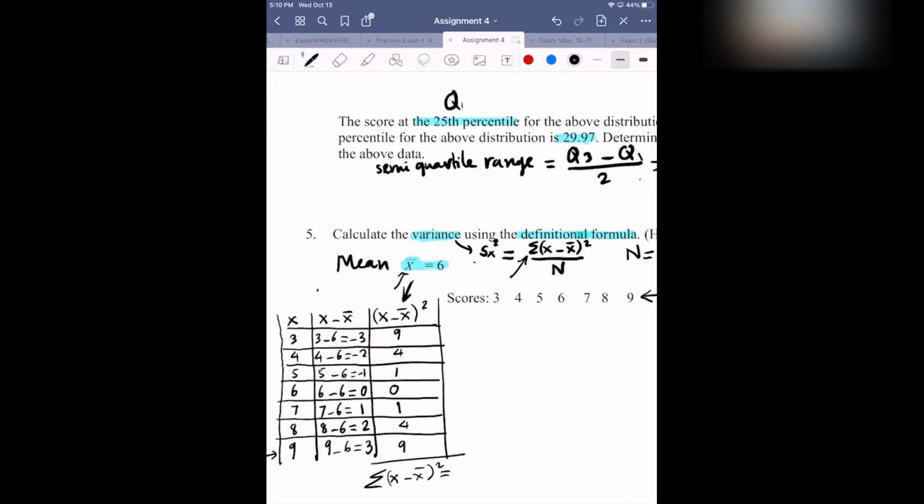Tell me the sum first and then what you guys get. Alon, are you there? Yes. I called on you earlier, but you were not here. All right, Alon, what do you get for the sum of x minus x bar squared? 28.